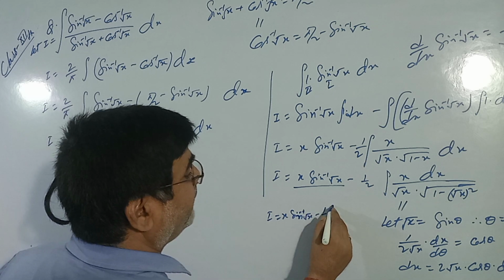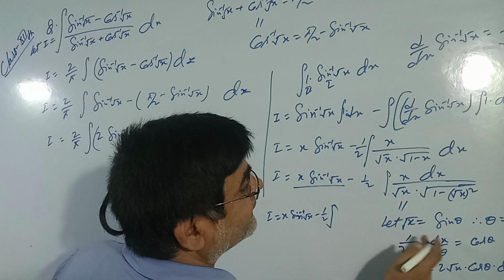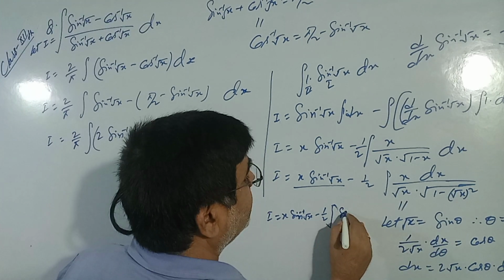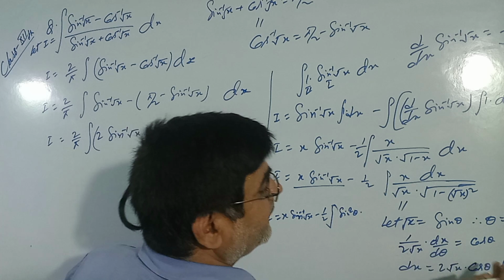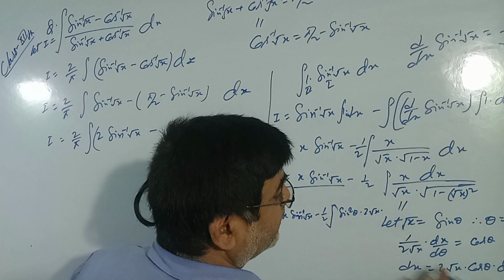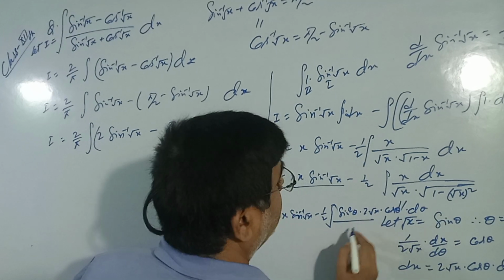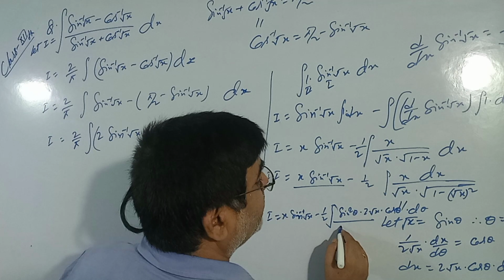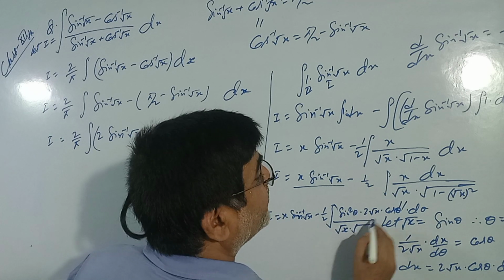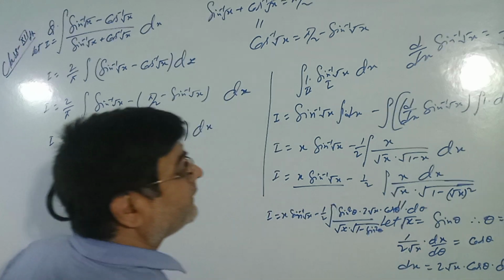So I equals x sine inverse root x minus half, with x as sin square theta, dx as 2 root x cos theta d theta, over root x into 1 minus sin square theta d theta.